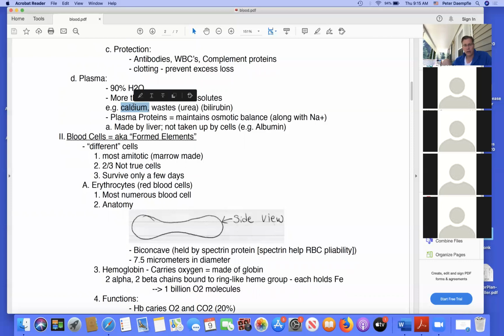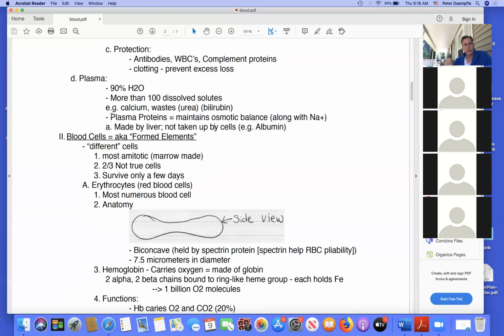Calcium often can show improper regulation due to the parathyroid or even bone cancer. Urea shows kidney functioning. Are you getting rid of that waste? Bilirubin shows definitely liver functioning. Liver processes bilirubin. If it doesn't, and it's in the blood, it means something may be wrong with the liver.